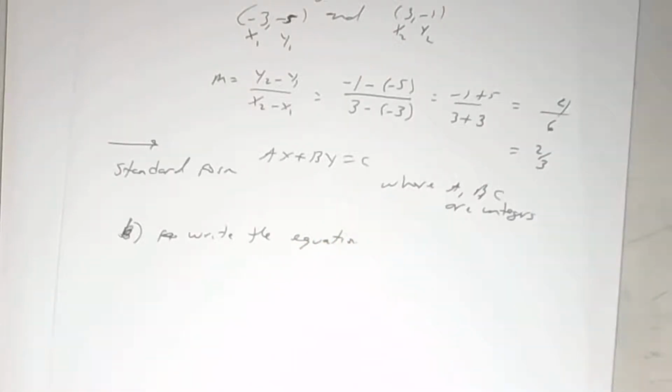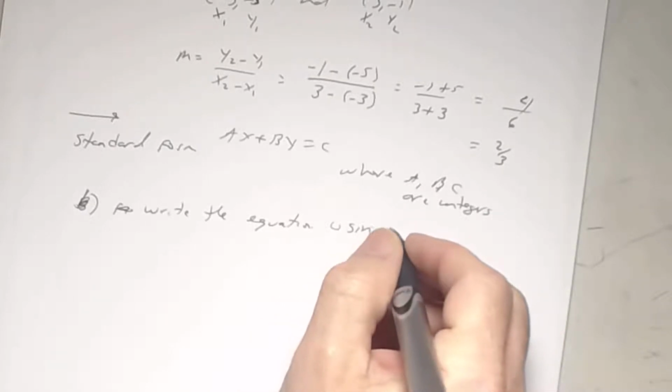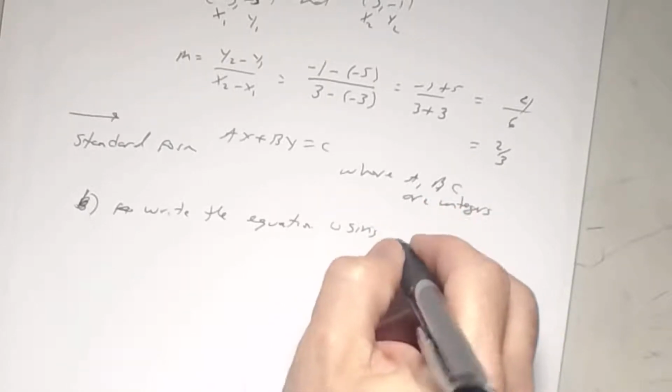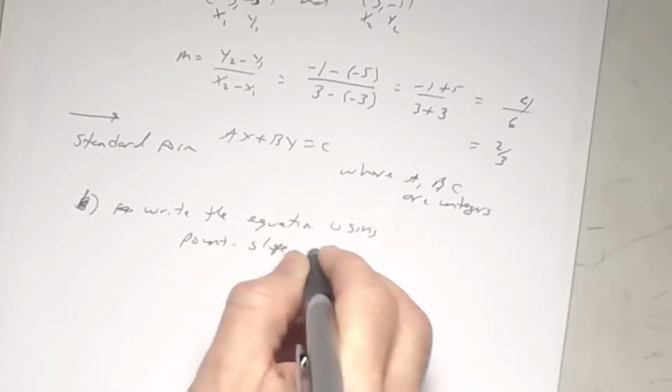All right, now I've got to say this. You're going to write the equation using point slope form. Okay, so I got to tell you what that is. Now I'll give you the formula for point slope form. It's very simple. Just watch what I do. First thing you do is find the slope.